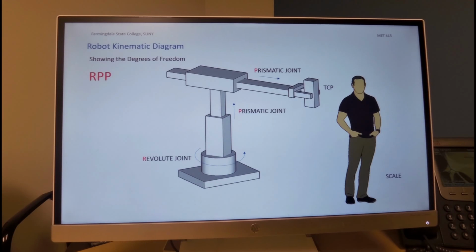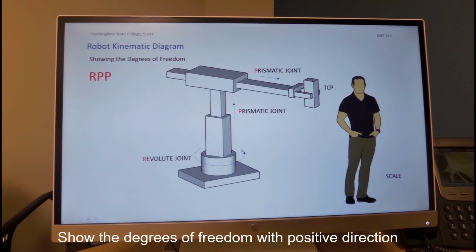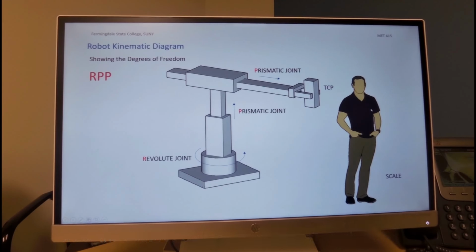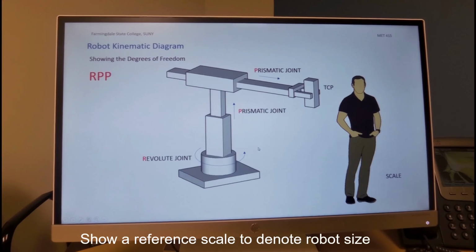And basically we like to show on a kinematic diagram the positive direction of the degrees of freedom. I also like to show some reference to a scale so we could tell what type of size the robot that we analyze is going to be.